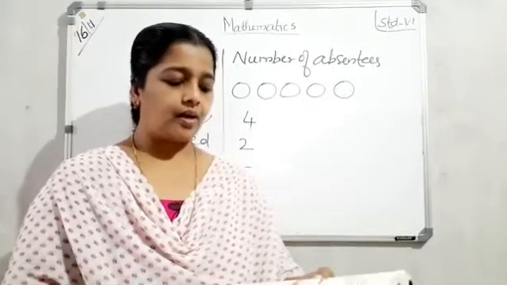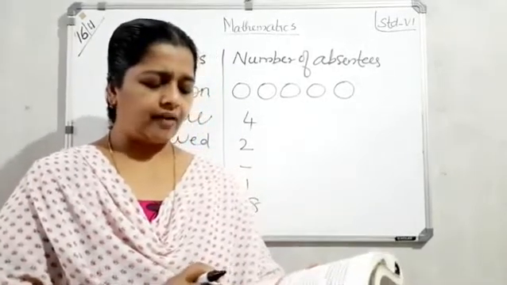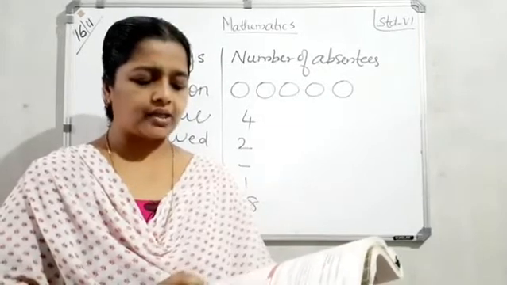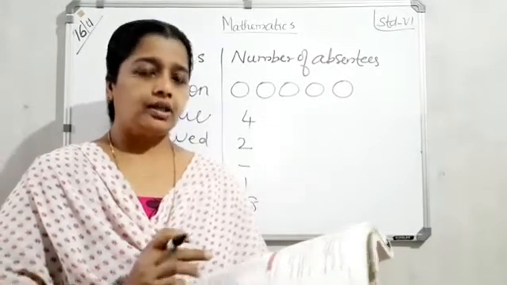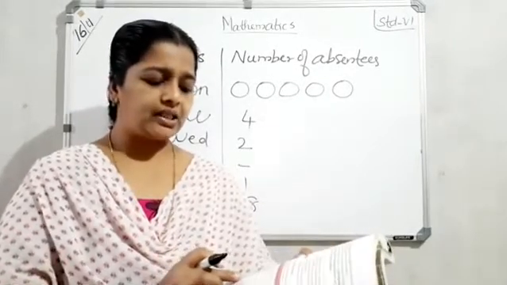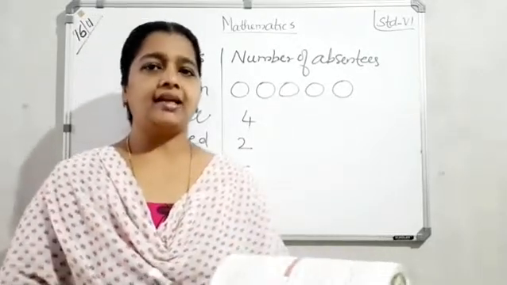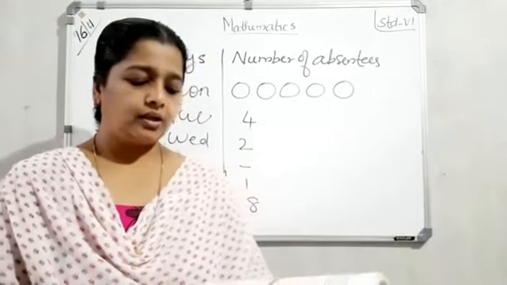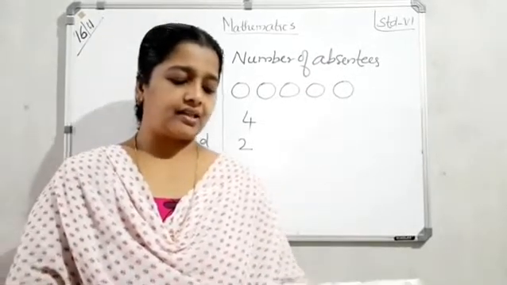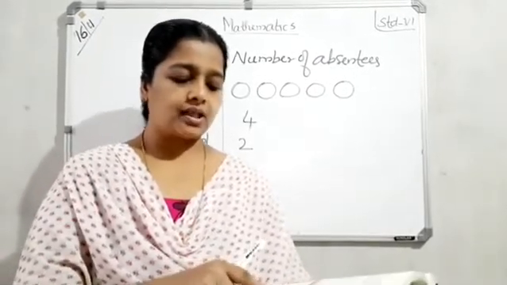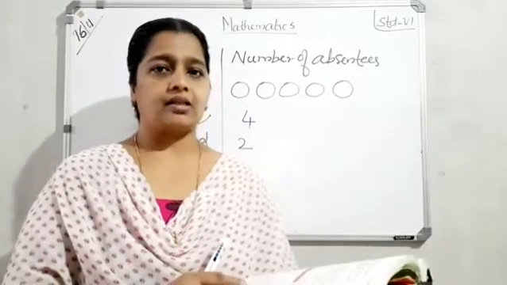Next, question number 1: on which day were the maximum number of students absent? From that, which day had the maximum number of absentees? Say the answer. Saturday. Saturday, how many? 2, 4, 6, 8. 8 students absent.